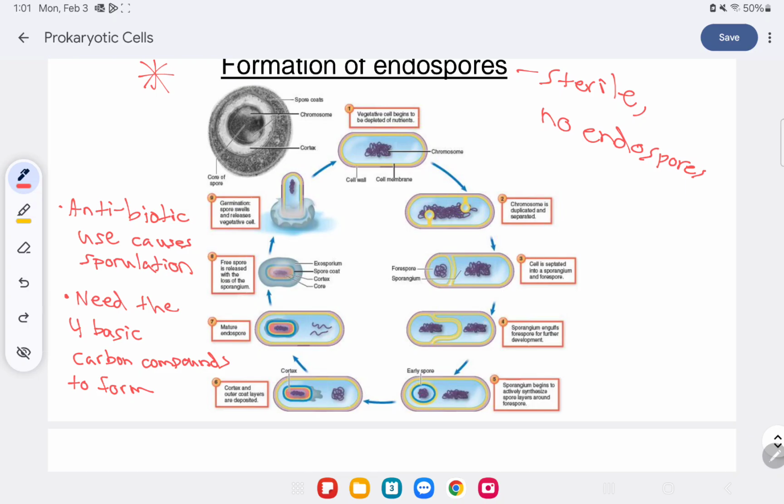It is instead a form of hiding, of resting until things get better. So we want to know who's likely to do it and under what conditions, and now I'll tell you the how. If they're out of nitrogen and out of carbon, they will in fact copy their DNA.